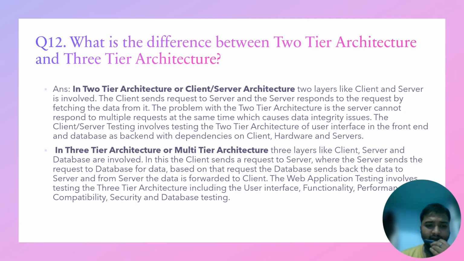In three-tier architecture, or multi-tier architecture, three layers, a client, a server and a database, are involved.